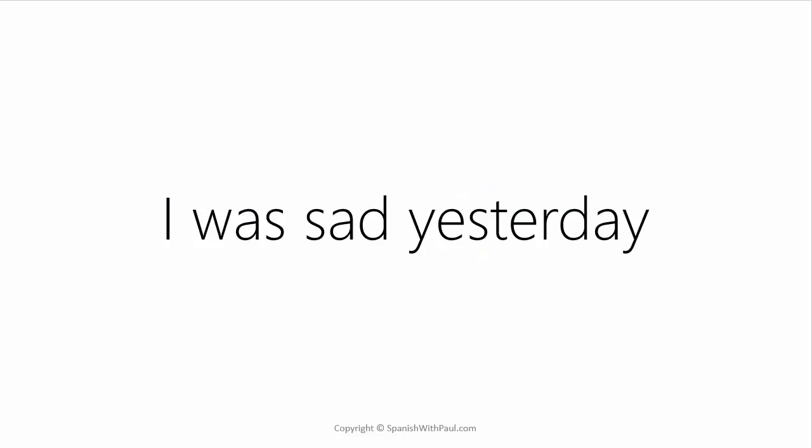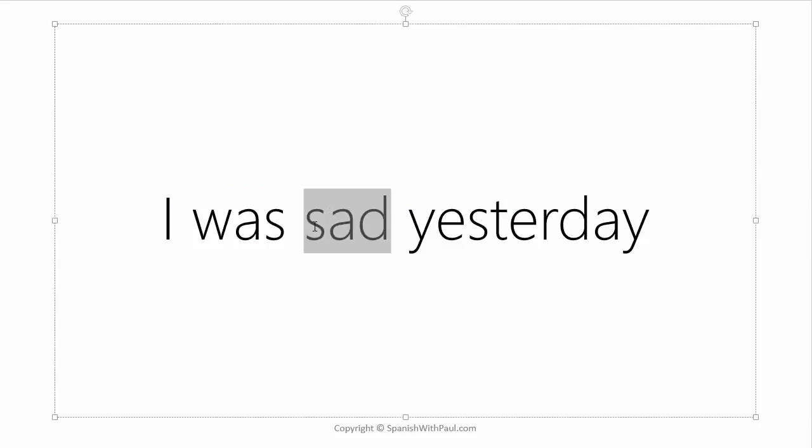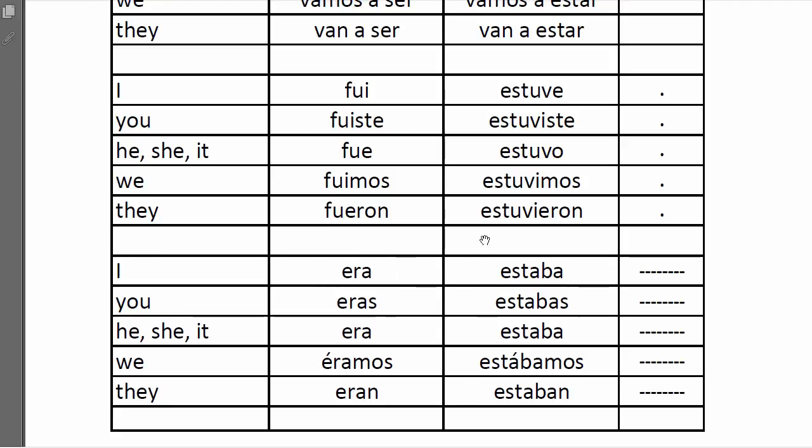Let's contrast that now. I was sad yesterday. Okay, so again, we're still in estar because we're talking about emotion. But now we have something measurable in the past. This is a dot, yesterday. So now for I was, it's going to be estar with a dot in the past. So we have estar with a dot here.